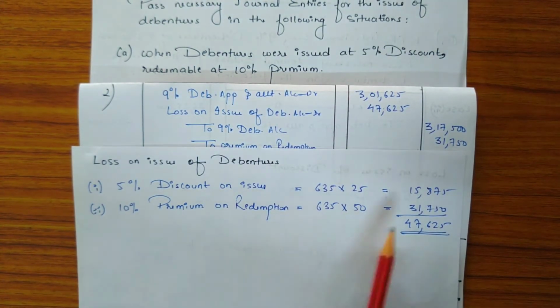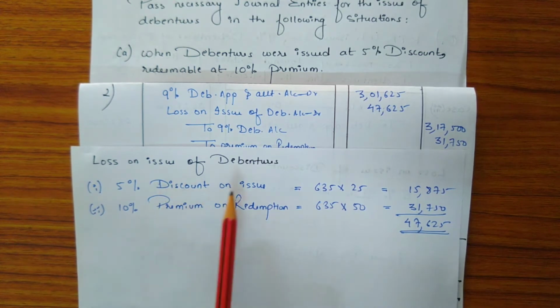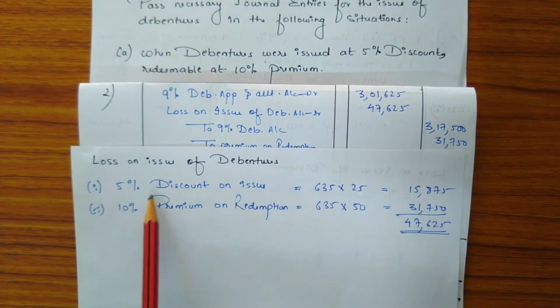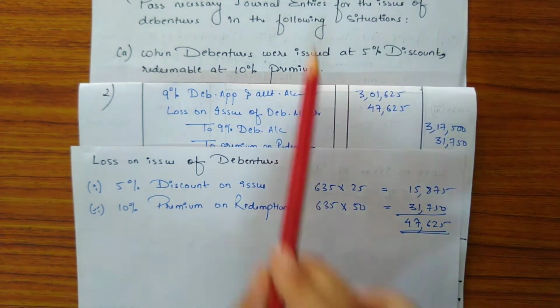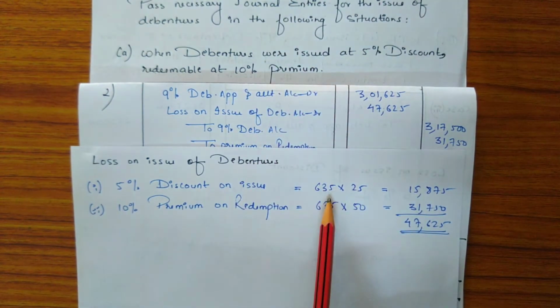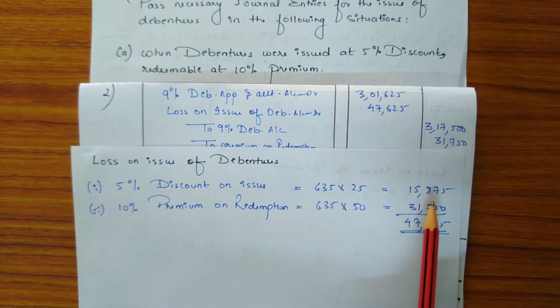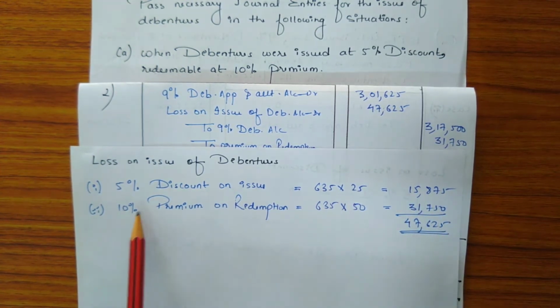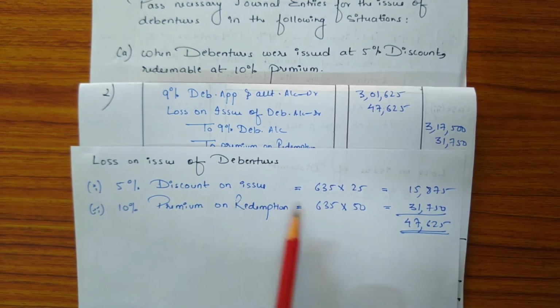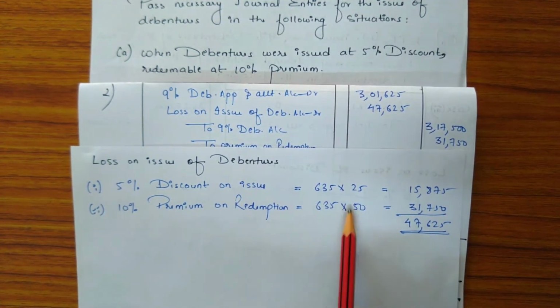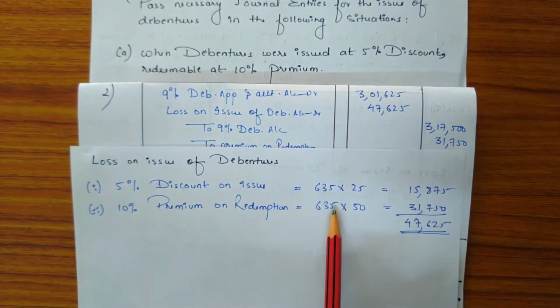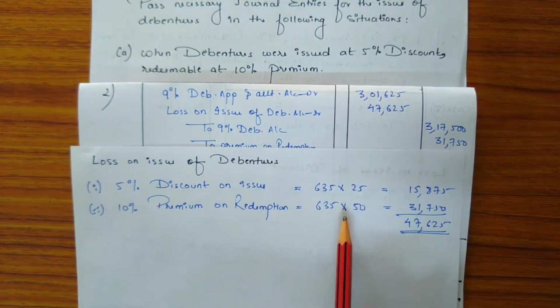Here is the calculation of the amount of loss on issue of debentures. So 5% discount on issue will be 635, which is issued debentures, into 25, which is discount price. So 635 into 25 is 15,875. Then 10% premium on redemption amount will be 635 is the amount of debentures issued and premium was 10% on issued price.